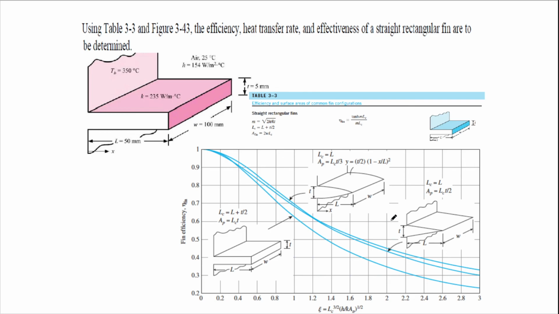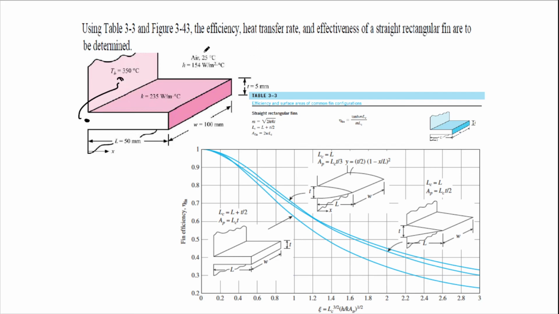Alright, let's look at one example. We have this fin, and using the table and figure, we want to calculate the efficiency, heat transfer rate, and effectiveness of the straight rectangular fin. The base temperature, T base, is 350. Thermal conductivity is 235.